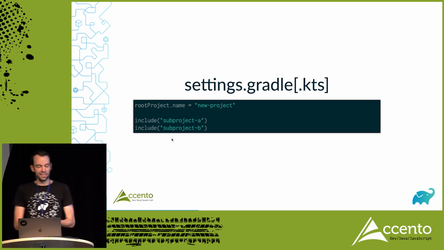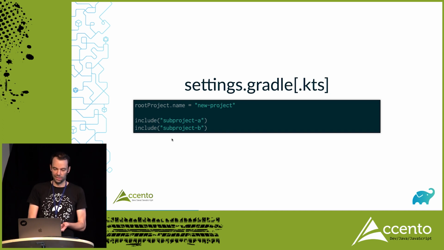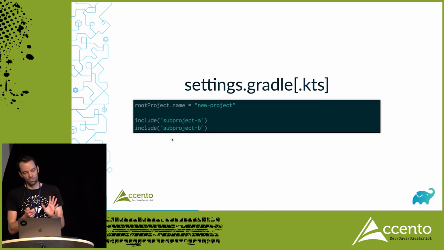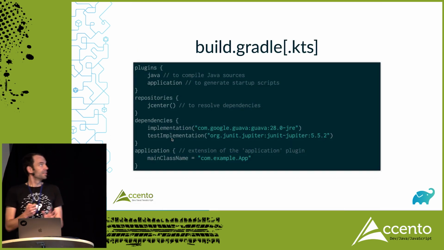So here's an example of a settings script, which just assigns a name to the root project and includes two subprojects. Those are usually pretty simple. A build script is usually a little longer. The first thing you do in the build script is select which plugins you want to apply.